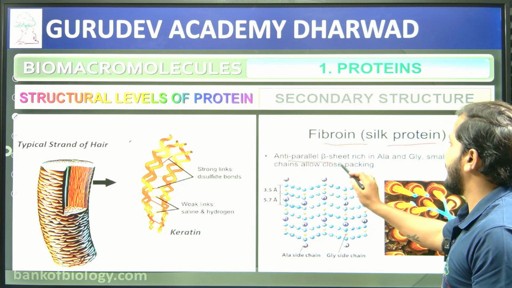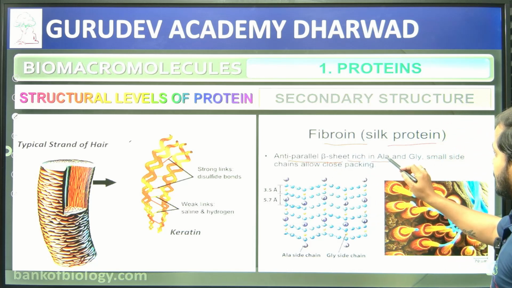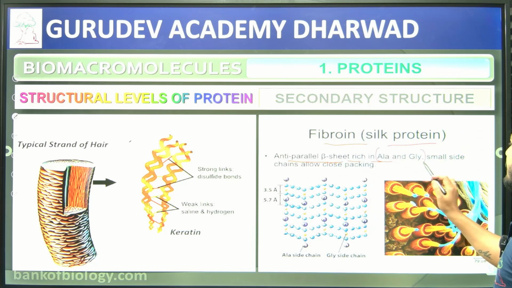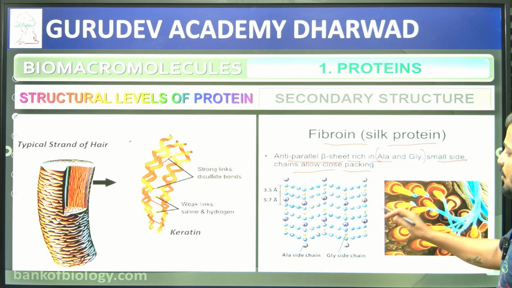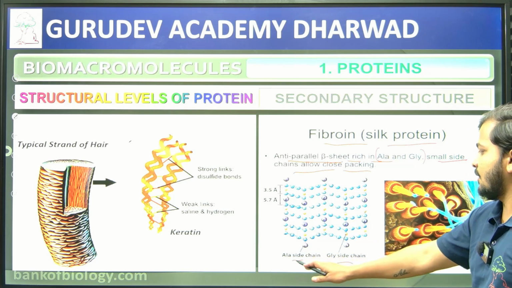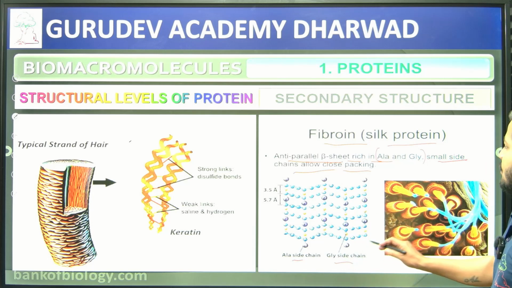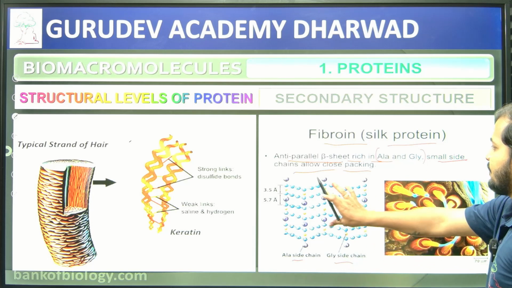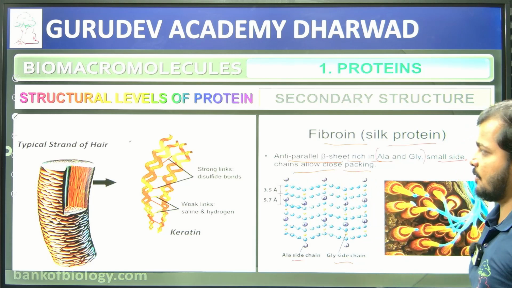The anti-parallel beta sheet is rich in alanine and glycine, and the small side chains allow close packing. On one side you find alanine, on the other side glycine, and that forms the beta pleated sheet.